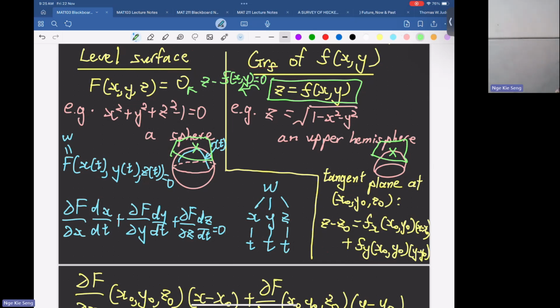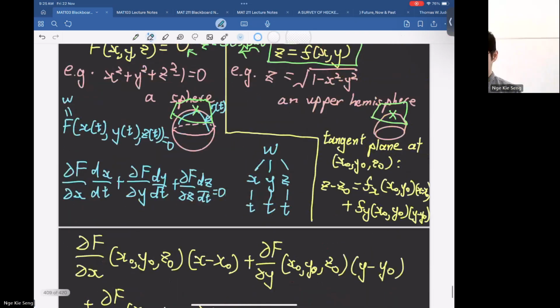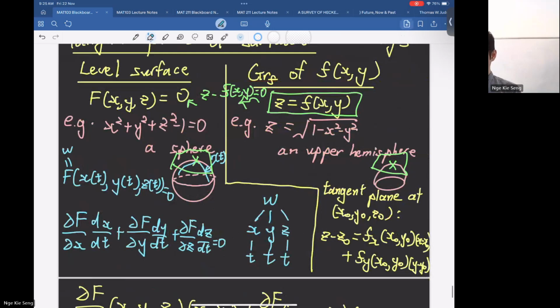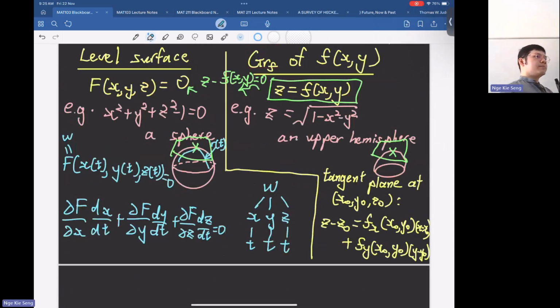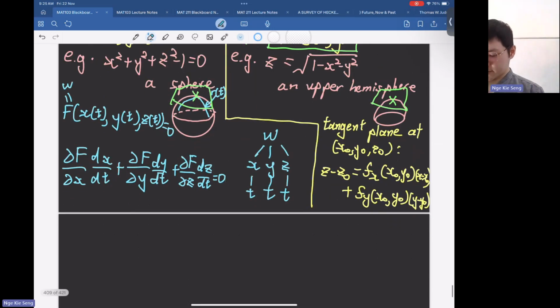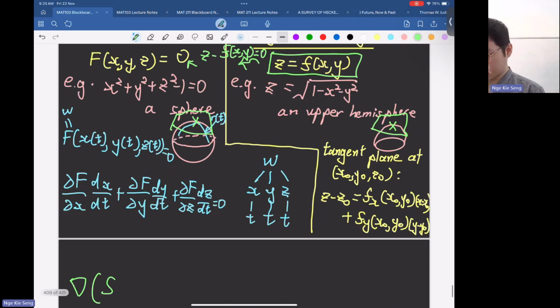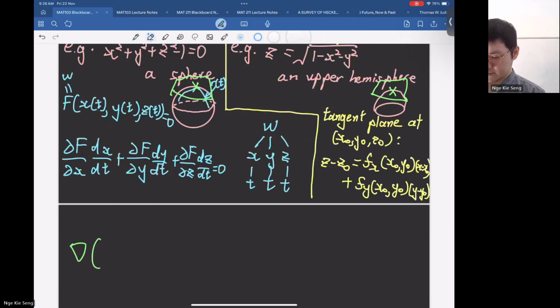What's the gradient of this, z minus f of x, y? Let me try and compute it. So what's this?